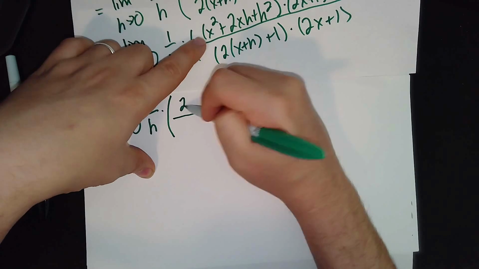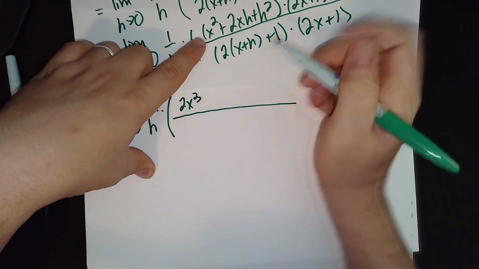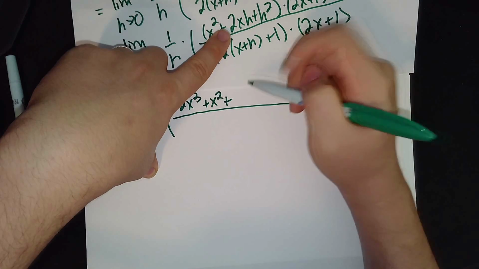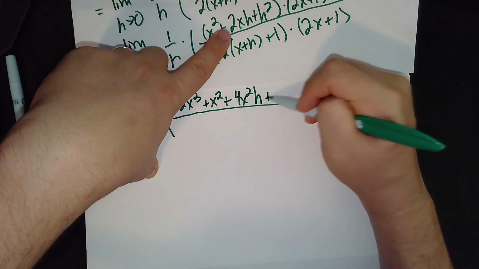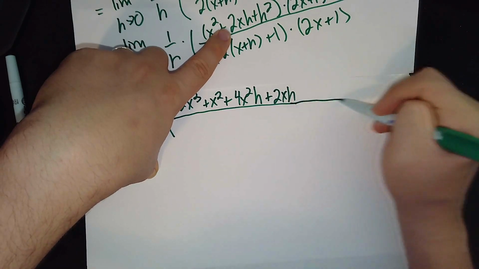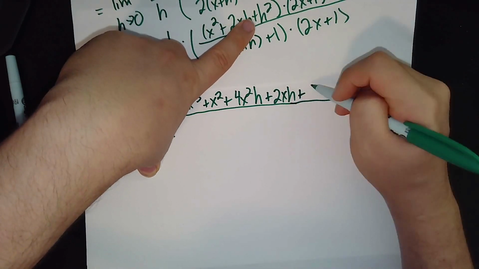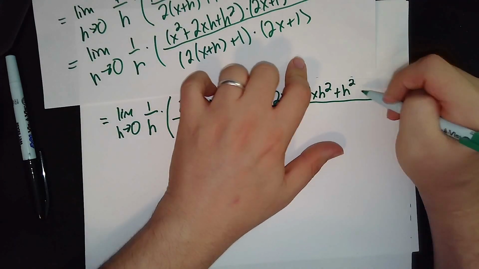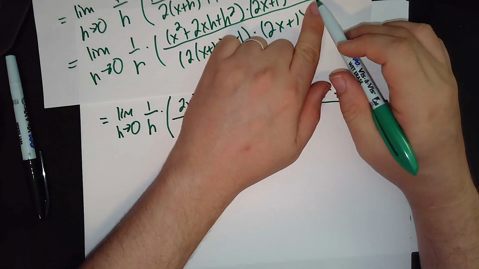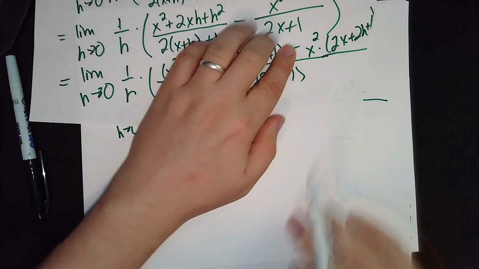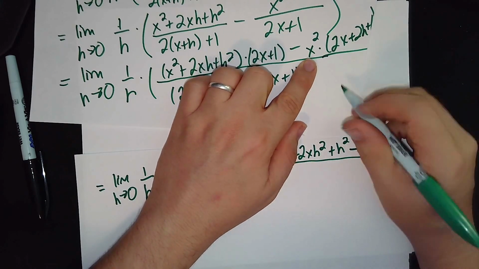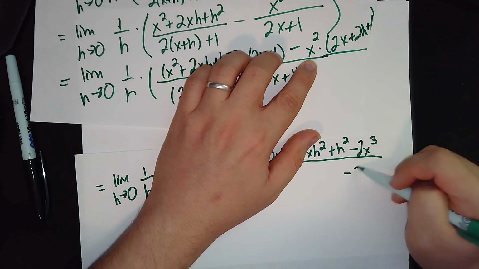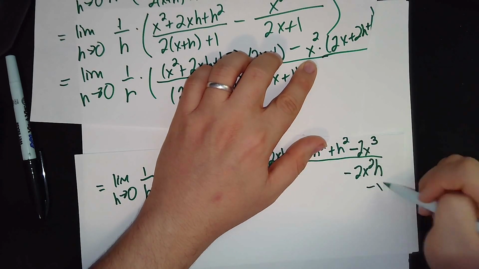That's going to be 2x cubed, when I combine those, plus x squared, plus 4x squared h plus 2xh plus 2xh squared plus h squared, minus 2x cubed, minus 2x squared h, and minus x squared.